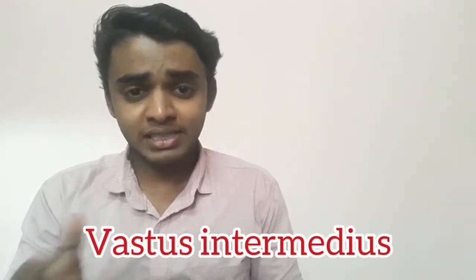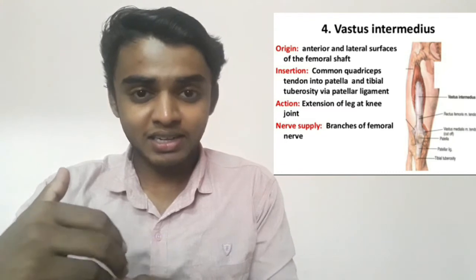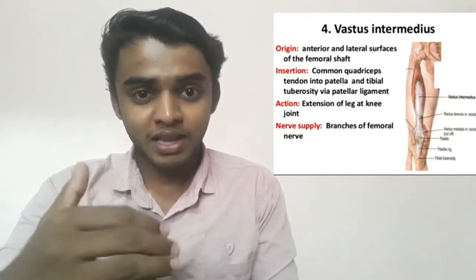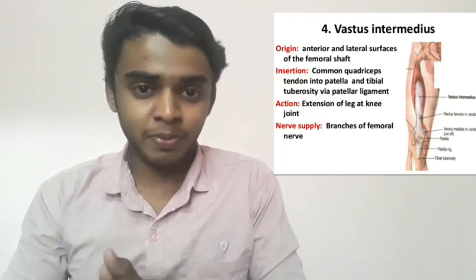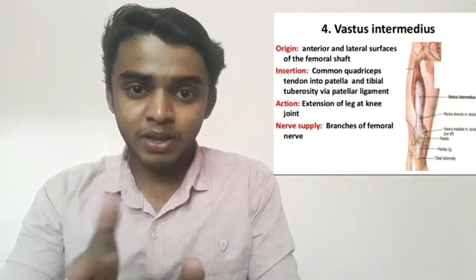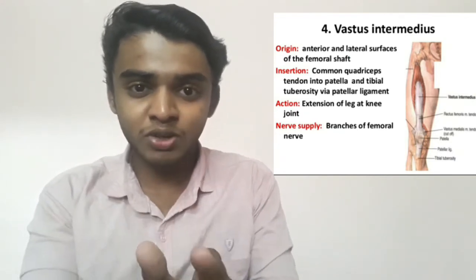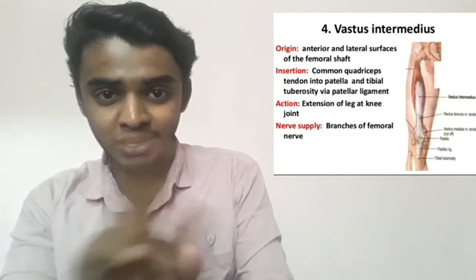Then the next muscle will be the vastus intermedius. The vastus intermedius takes its origin from the upper 3/4 of the anterior as well as the lateral surface of the shaft of the femur, and it is inserted into the base of the patella just posterior to the rectus femoris. While I was explaining the rectus femoris, I already told this point.